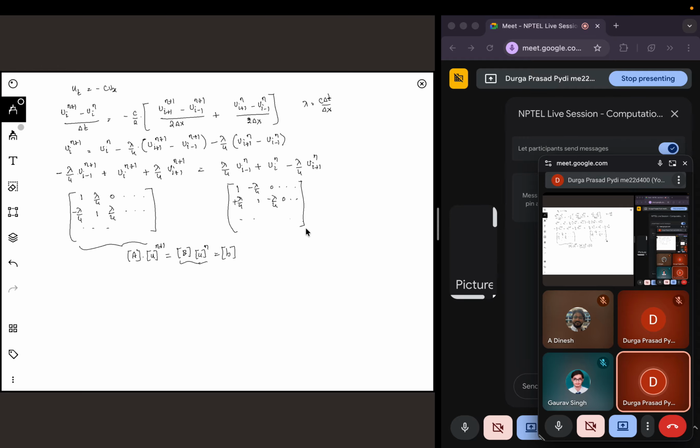Now, what happens at the boundaries? Let's say at the left boundary. Because the index notation starts from i equals 1 to n, n plus 1 is basically equal to 1. So this is a circular mapping that we have because of the periodic boundary condition. At the left boundary, which is i equals 1, what will happen to the equation?